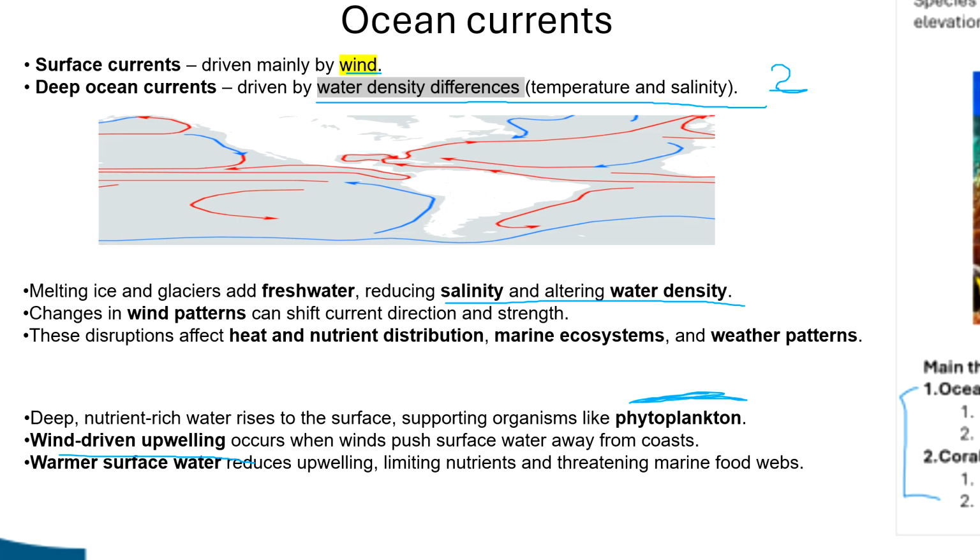And the warmer surface water reduces this upwelling, and this limits the nutrients that these phytoplankton can get, threatening marine food webs. And so, because of this, we can deduce that the wind is good for the phytoplankton. It gives them more upwelling of nutrients, while the warmer surface water, the hotter water, is bad.